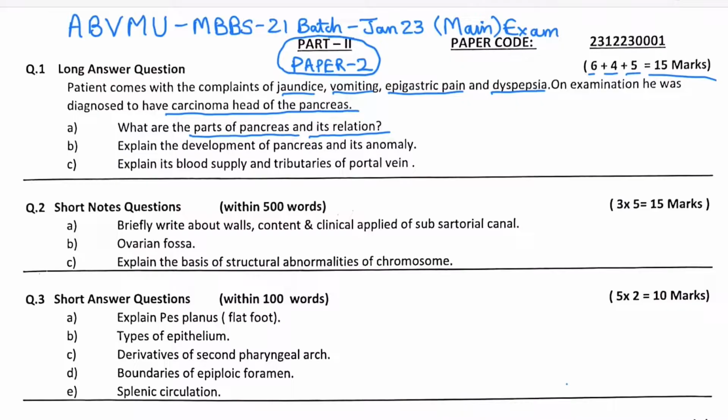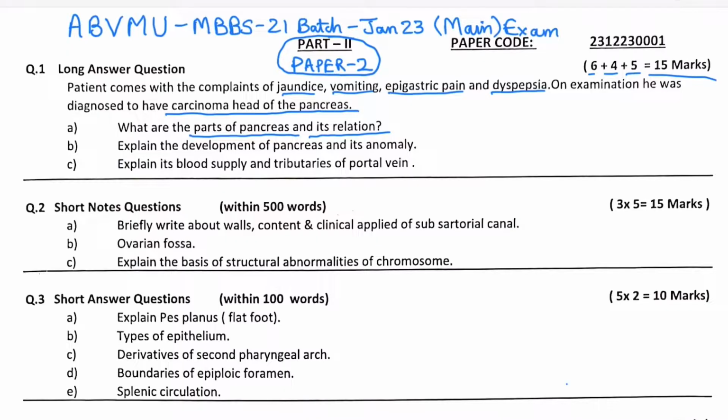Okay. Then talking about the neck, what lies anterior to the neck? It will be the pyloric end of the stomach, because from here it continues as the first part of the duodenum. And the first part of the duodenum, I told you, is directed backwards, upwards, and towards the right.